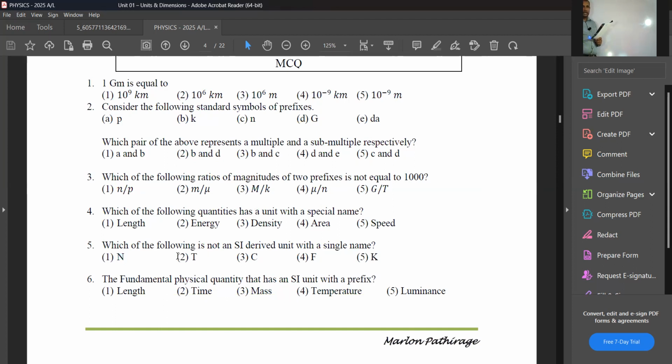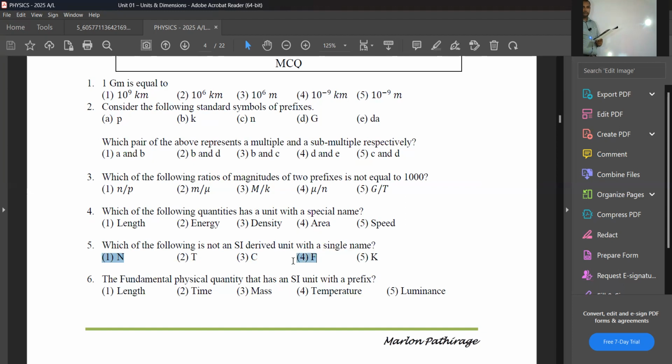Then Tesla. T is Tesla. Tesla is used for magnetic field. It is also a derived unit with a special name. C represents Coulomb. It's also a derived unit with a special name.